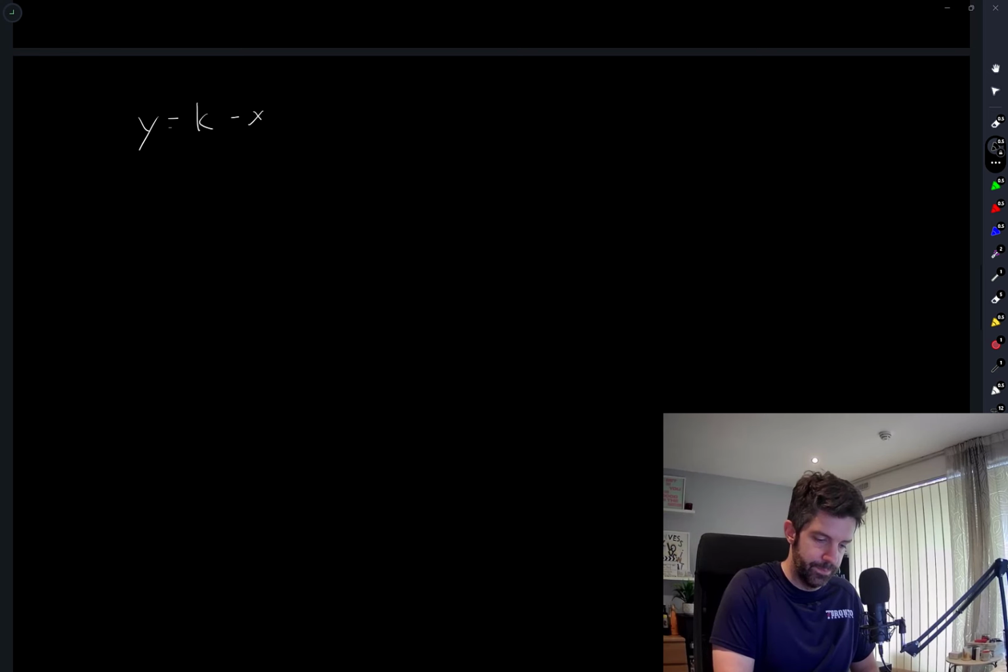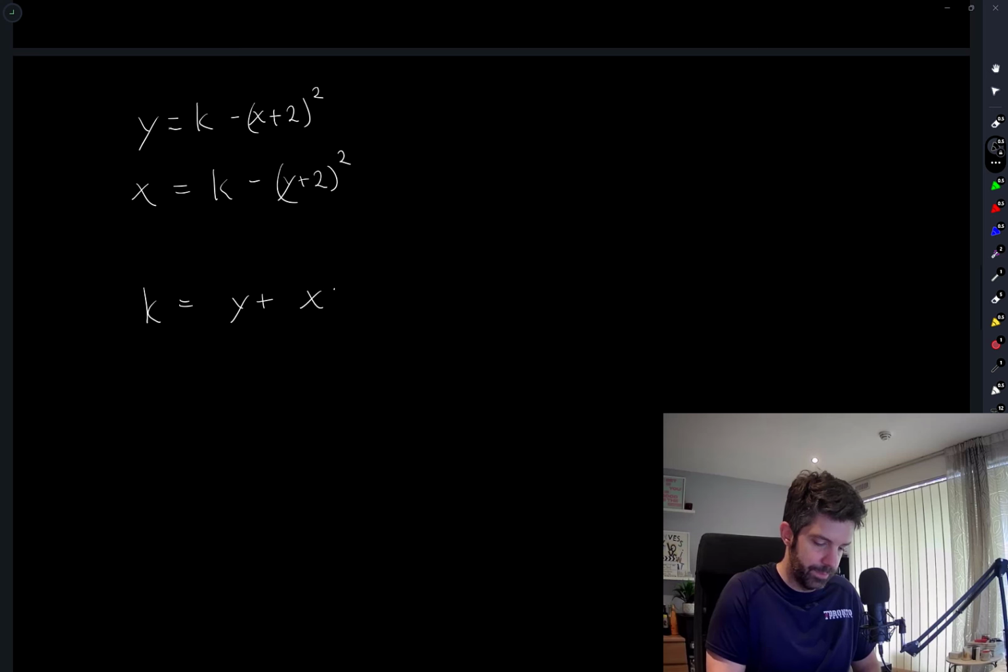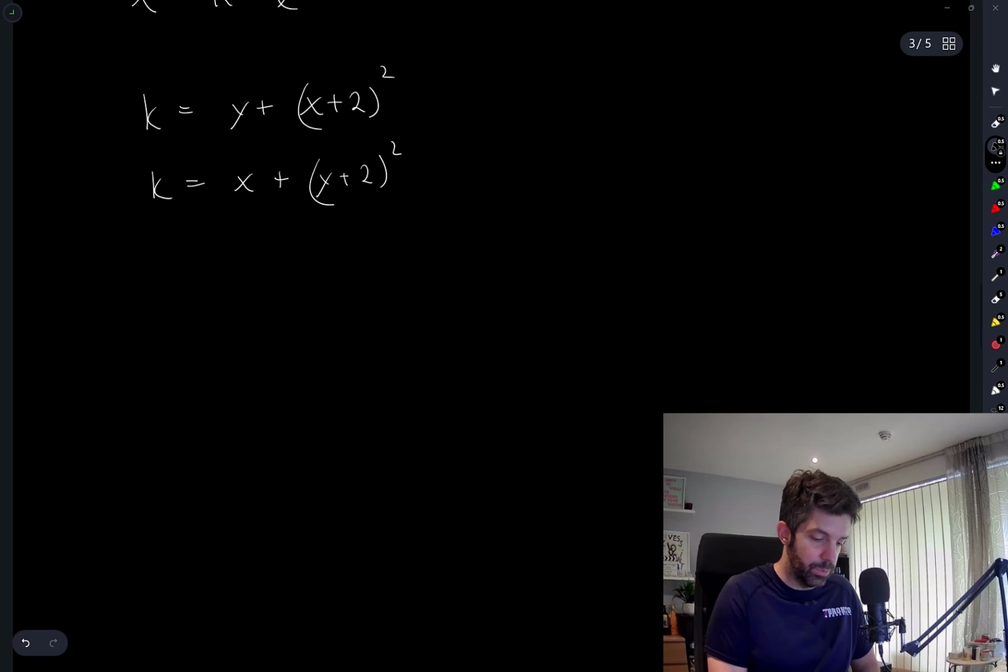So what if I take the two equations and solve for k in both situations: k is equal to y plus (x plus 2) squared, and k is equal to x plus (y plus 2) squared, and set these equal to each other.